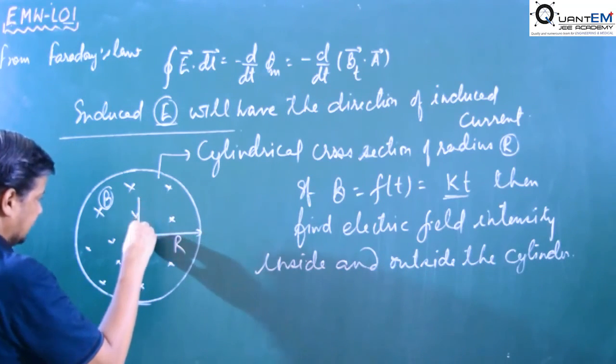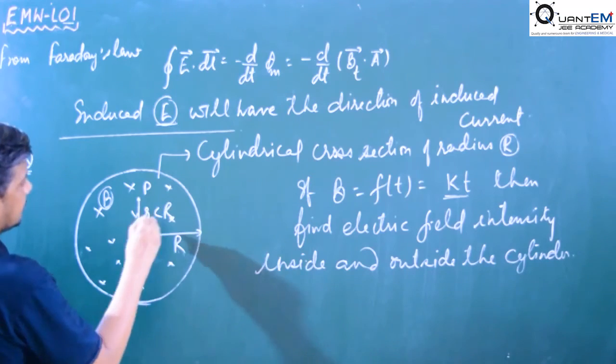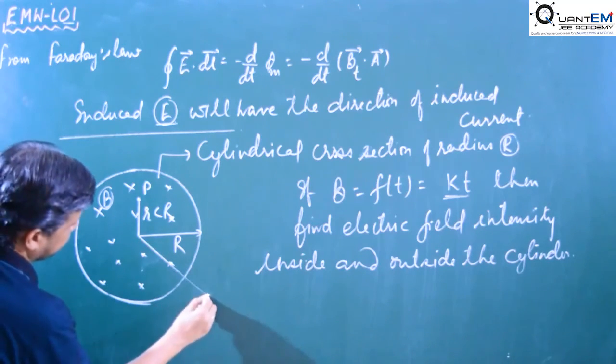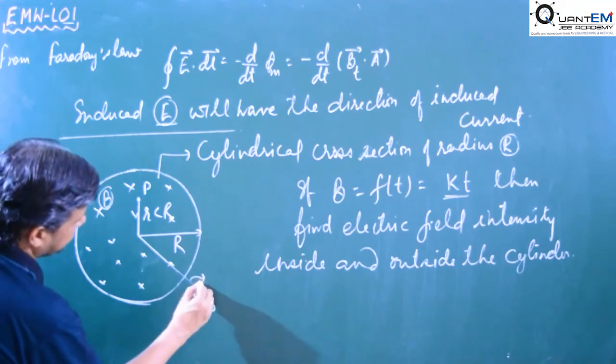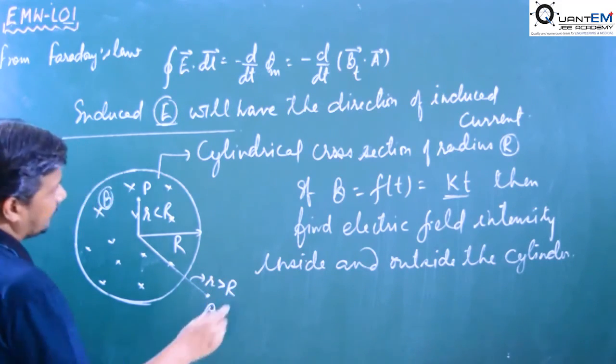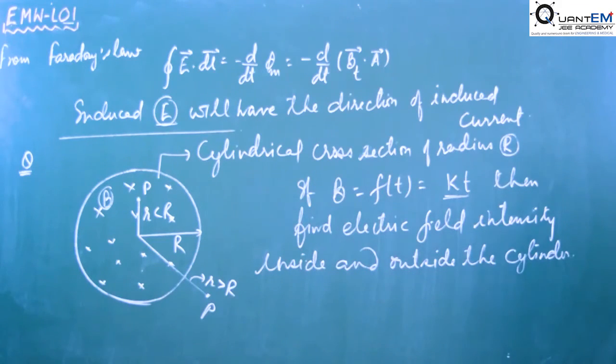Suppose we have to find electric field here at point P. Here small r is less than capital R, and the other electric field here outside the cylindrical section, small r is greater than capital R. So how to solve it? So we come to the solution.